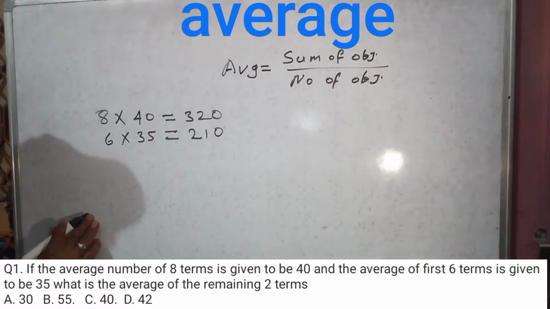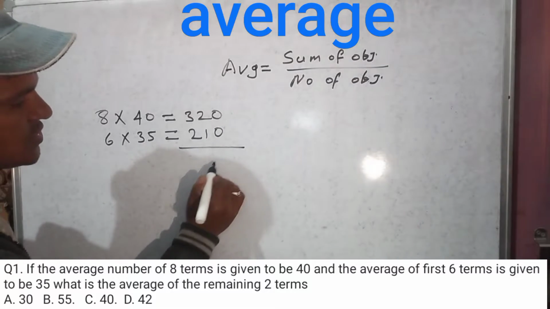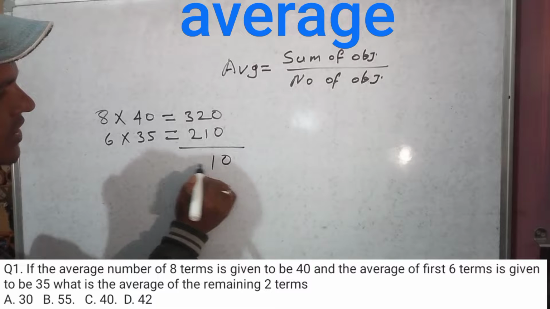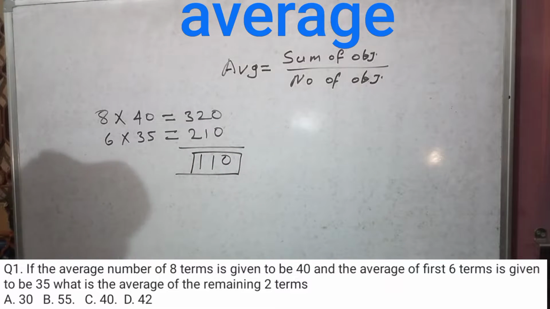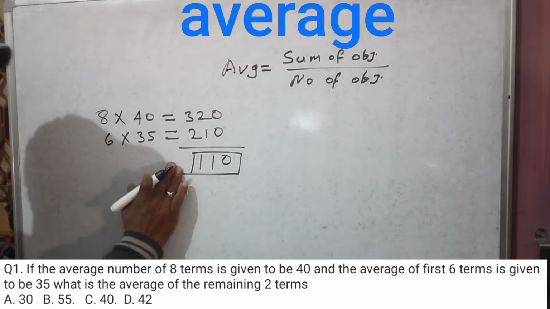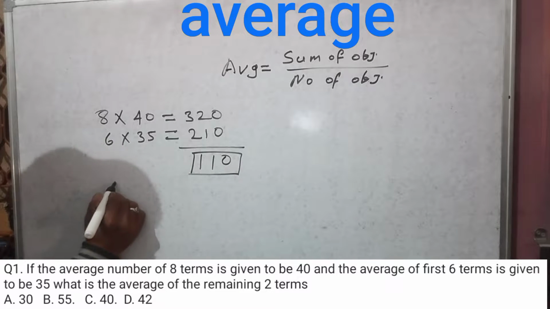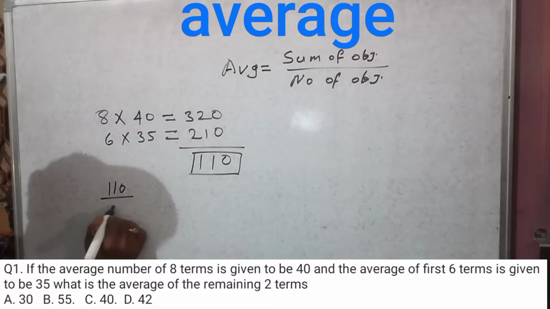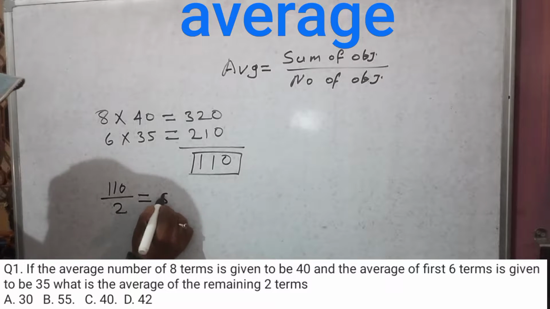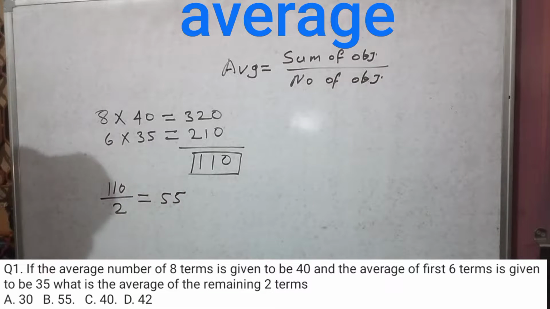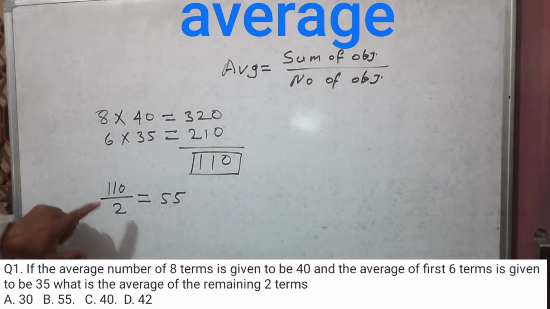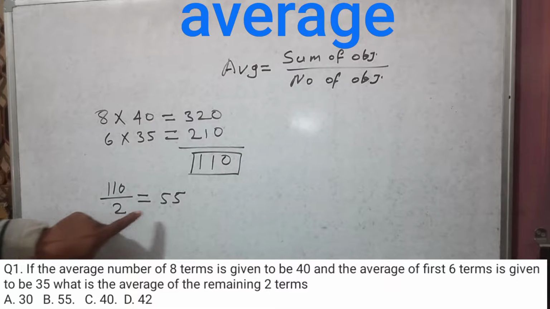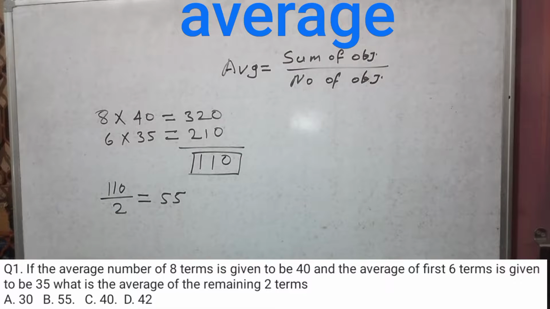And 2 numbers are remaining, so the remaining total is 110, but this is for 2 numbers. So 110 divided by 2, our answer will be 55, because 8 here, 6 here and 2 here. So the average is 55.